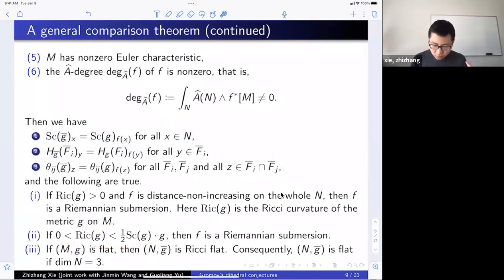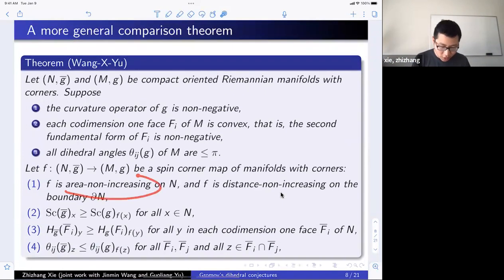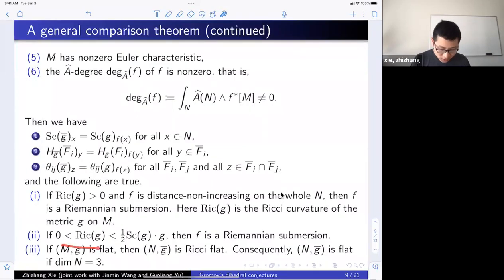And if you don't like this distance decreasing on the whole thing, you just want to stick with area non-increasing in the interior, then with this slightly modified assumption, you can again get the rigidity. So it's a submersion, and if the dimensions are the same, then it has to be a Riemannian isometry.